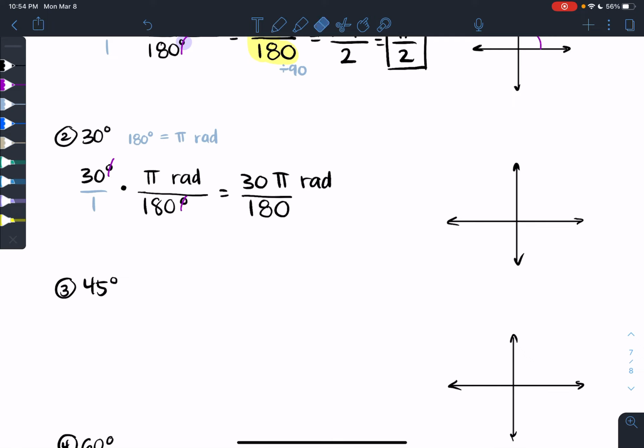We can ignore this label, and now we want to simplify. Looking at 30 and 180, the greatest common factor is 30.